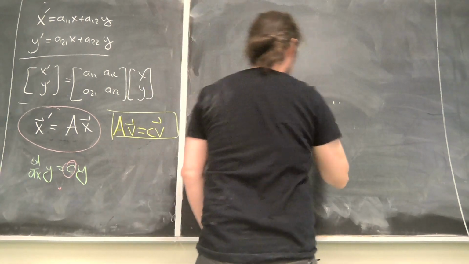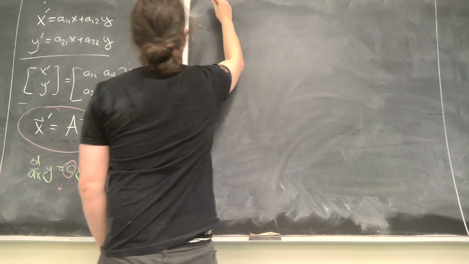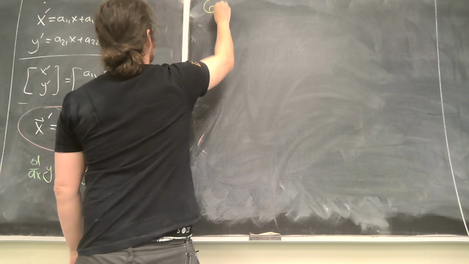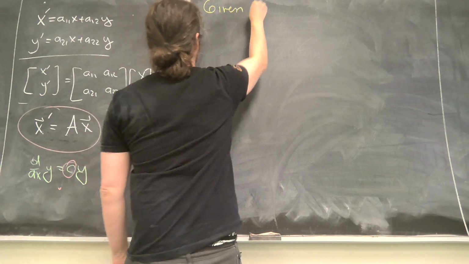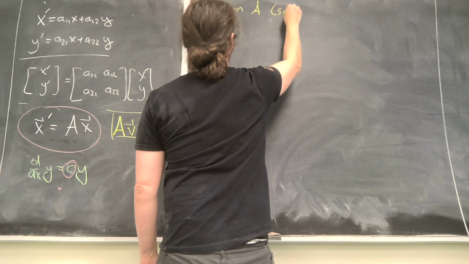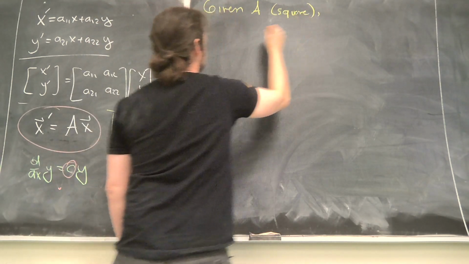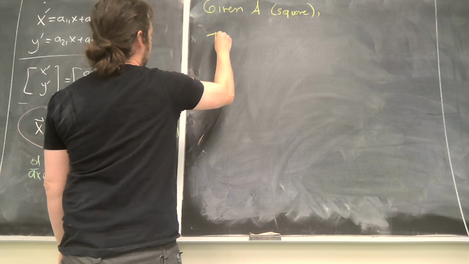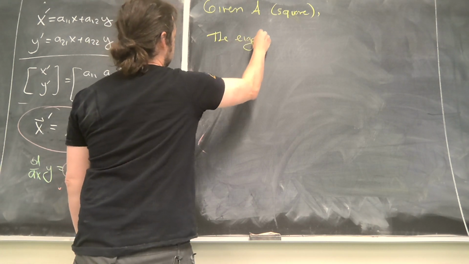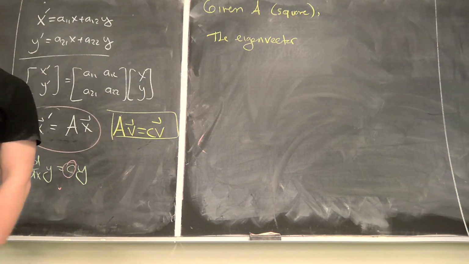Write that down. Okay, so given a matrix A, this has got to be a square matrix, the eigenvector problem, I don't know if it's obvious to you, but this was invented by Germans.